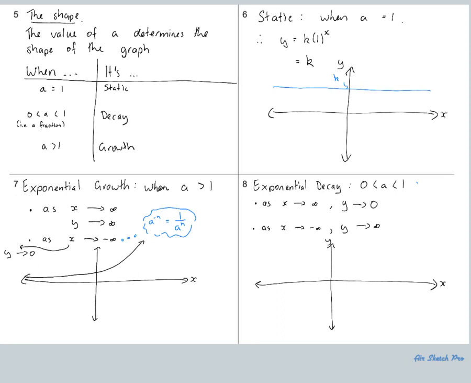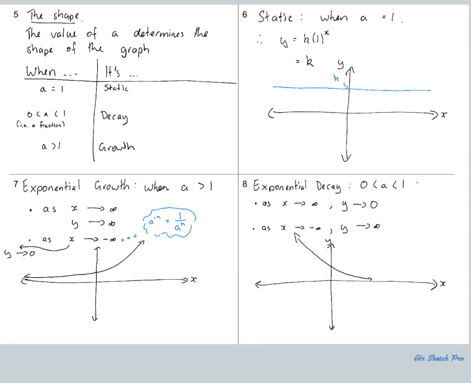We've got x and y here, and we would have the decay happening after the y-axis, so something like this, and it's approaching 0. And then before the y-axis, we have y growing as x gets negative, and so we would have something like that. So it's basically the opposite looking kind of graph.